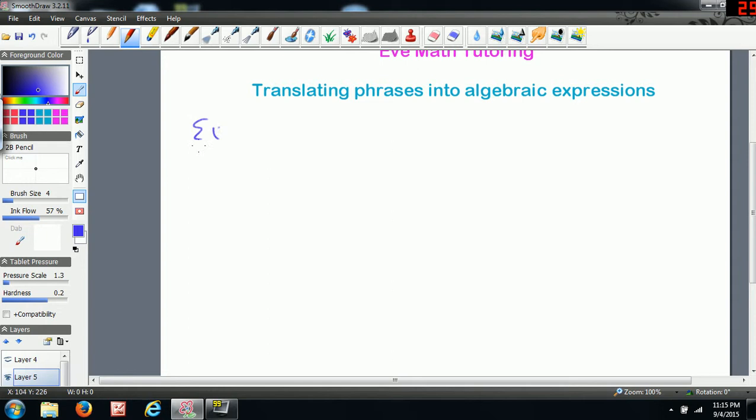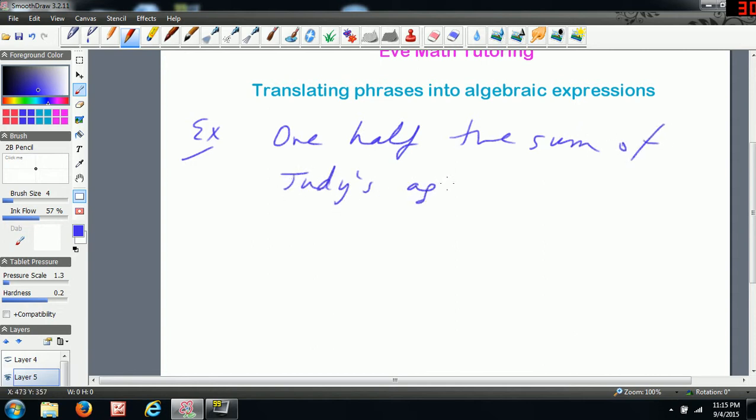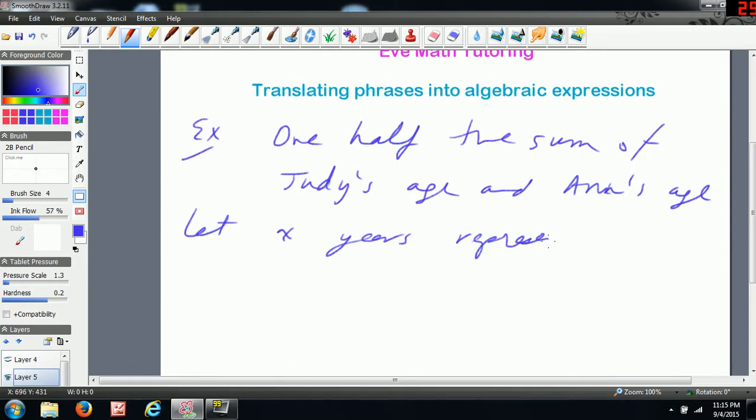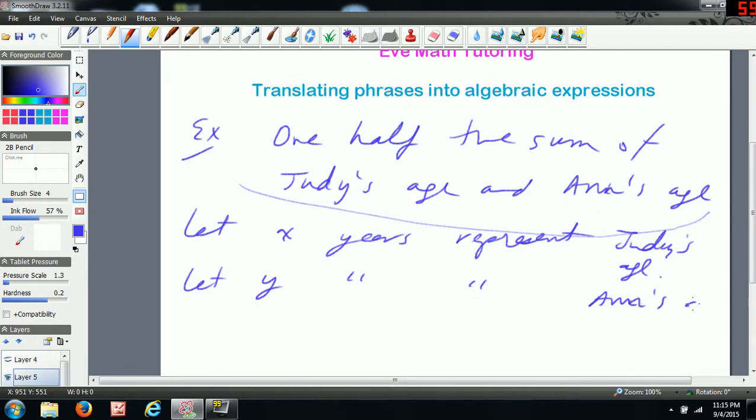If we want to translate the phrase 1/2 the sum of Judy's age and Anne's age, we could let x represent Judy's age and let y represent Anne's age.